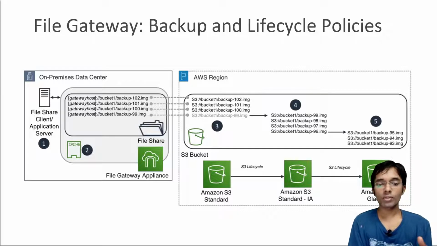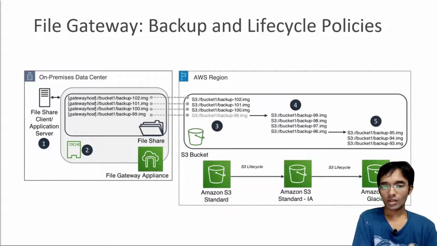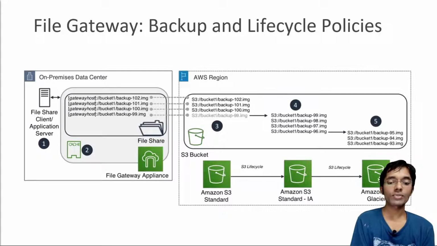But it is possible for these files to be used less and less, and so we can define S3 lifecycle policies, maybe to migrate stuff to Amazon S3 Standard-IA first, for infrequent access, and then after a while migrate it to Amazon S3 Glacier. So what we have done is that effectively we have made sure that we are getting some cost savings for our file system on top of getting an NFS interface for our application server on premise.